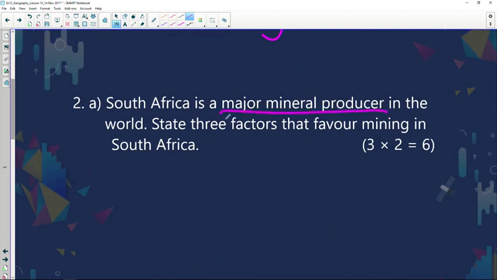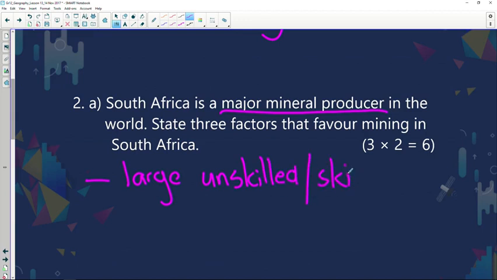State 3 factors that favor mining in South Africa. Now, we've discussed them before. We have a very large unskilled and skilled labor force in our country.